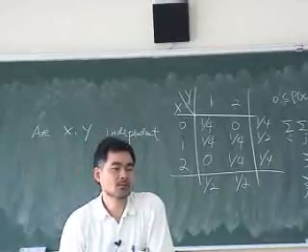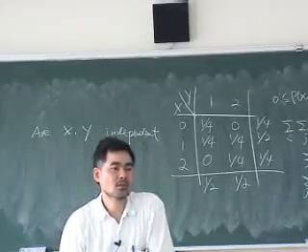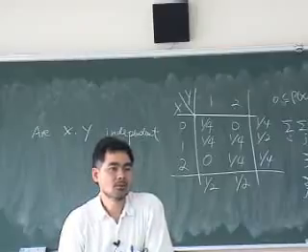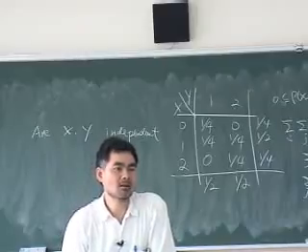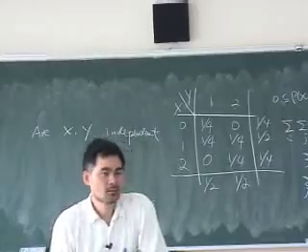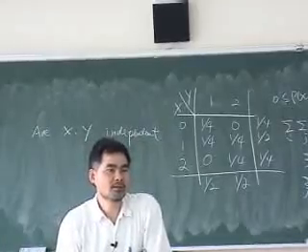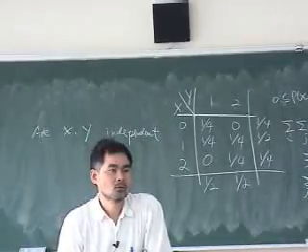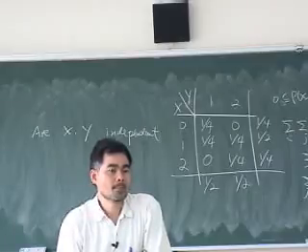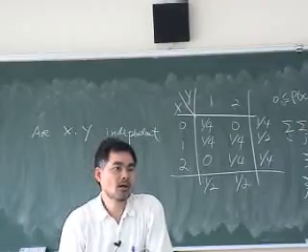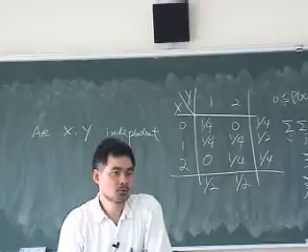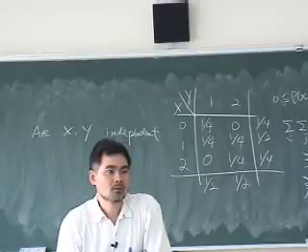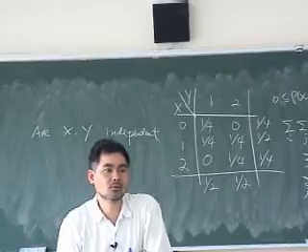First answer this question: how can we know these two variables are independent or not? How to verify they are independent or not? If x and y are independent, then what should be true? Then p(x) times p(y) must be equal to p(x and y).